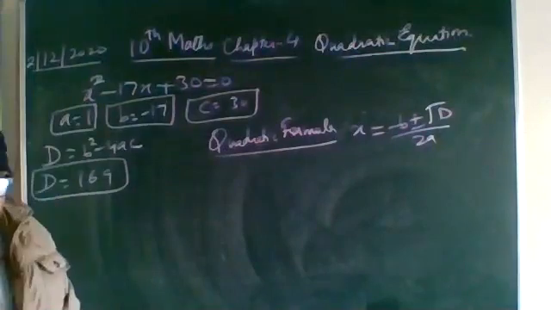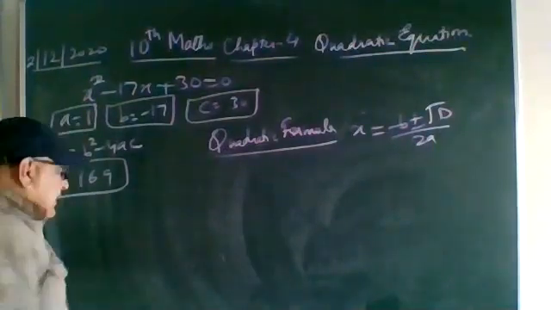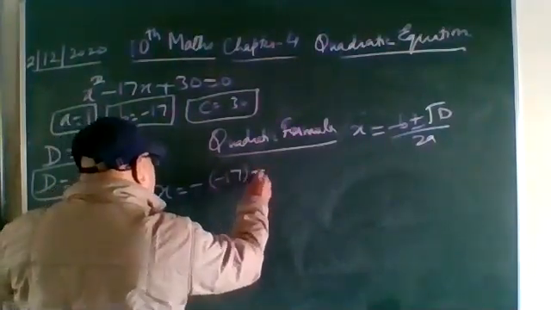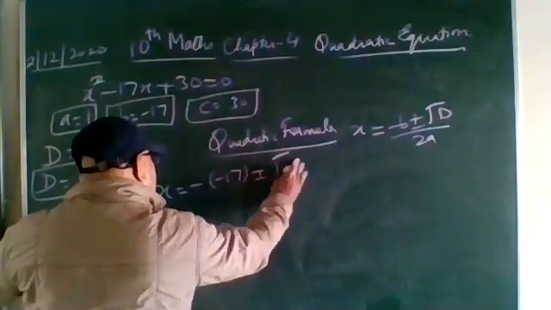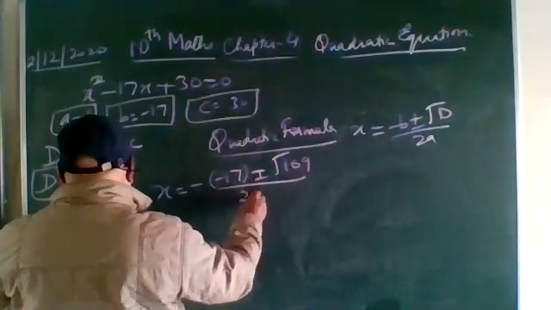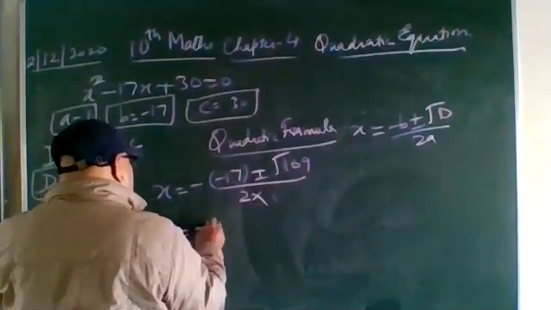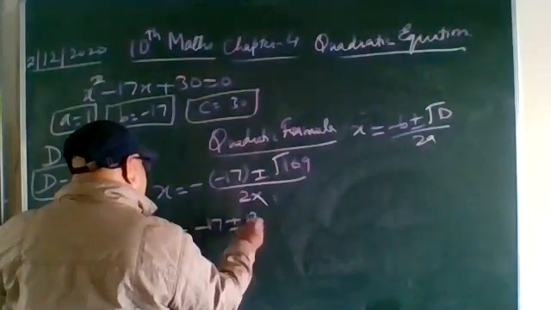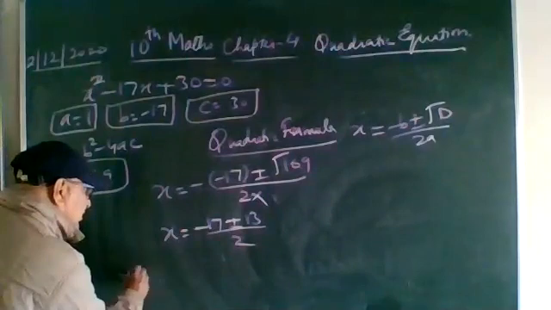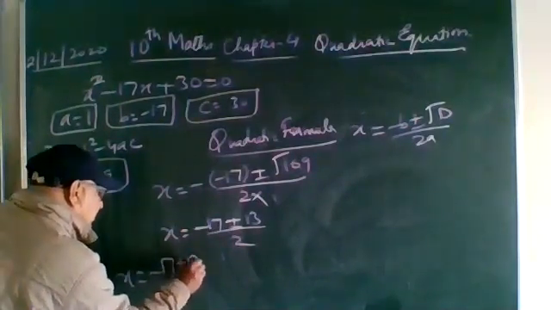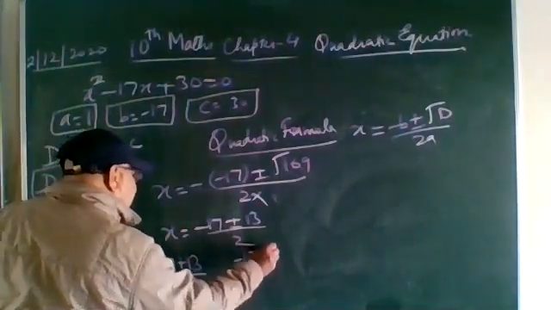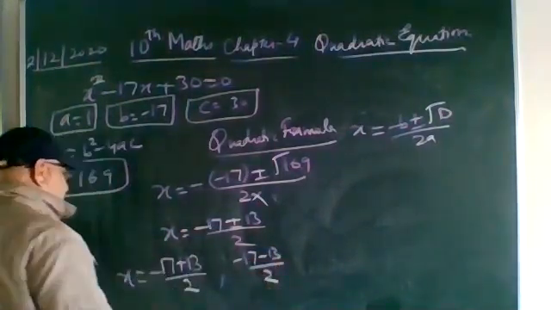This is the quadratic formula. Now place the values: x equal to minus of minus 17 plus minus under root 169 upon 2 into 1. So x equal to 17 plus minus 13 upon 2. X equal to 17 plus 13 upon 2, or 17 minus 13 upon 2.